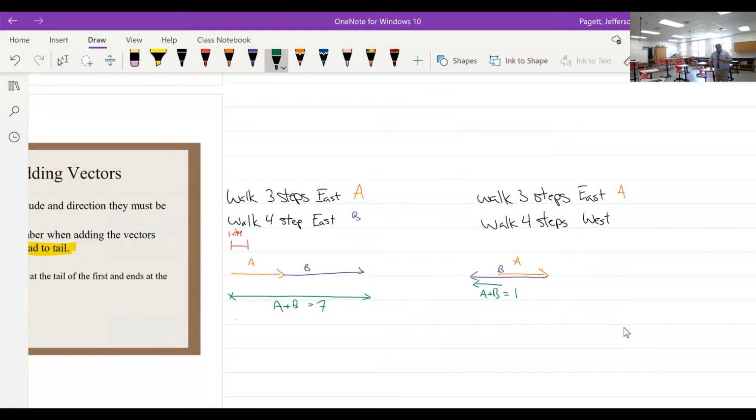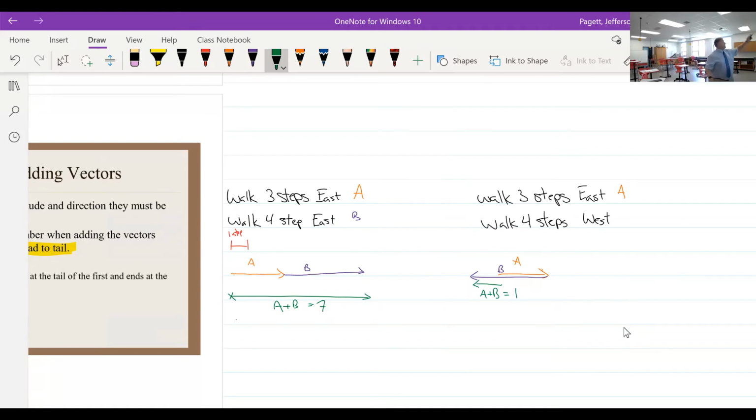If I start right here and I walk 1, 2, 3 steps to the east, and I turn around and I walk 1, 2, 3, 4 steps to the west, I am 1 step to the west from where I started. So even though I did 3 plus 4, my result is going to be 1. I ended up 1 step away from where I started.